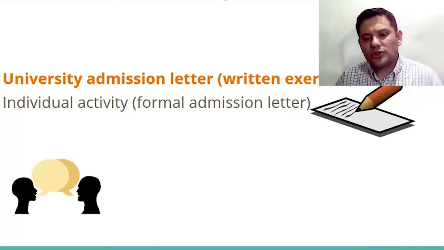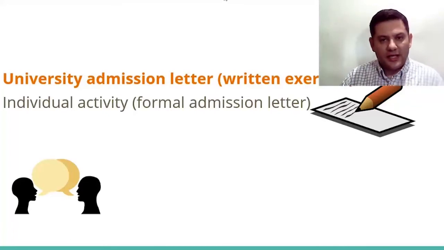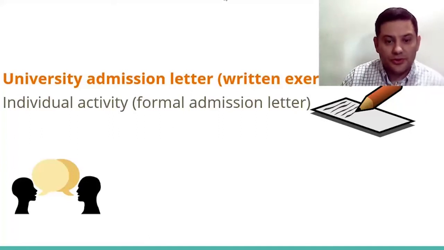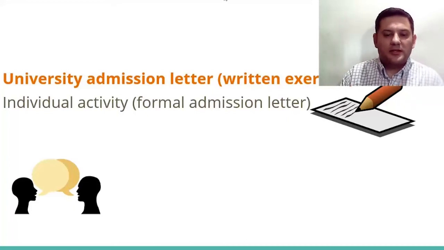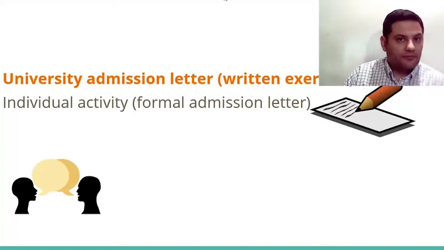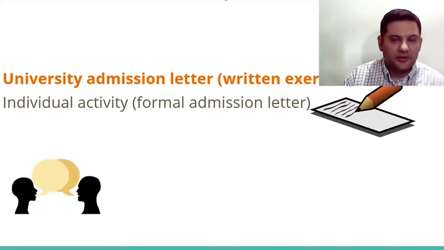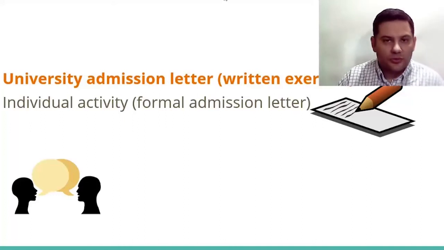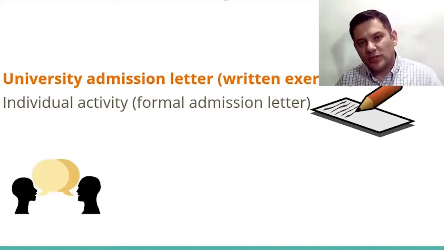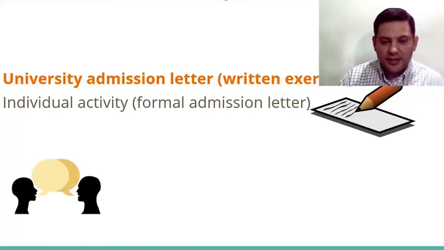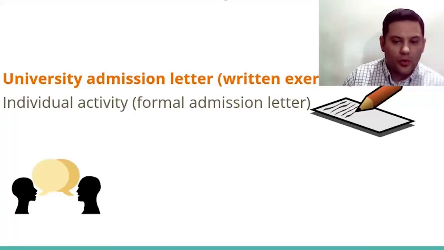So the teacher shows a sample letter to the class on screen, or handouts can be given to the students. They are also given a checklist to base their correction on. For example, content, grammar, and orthography are points to observe. So students, with the sample letter along with the checklist, correct their own work.